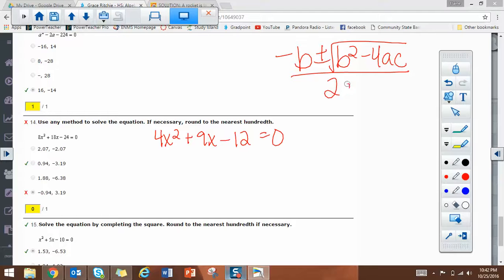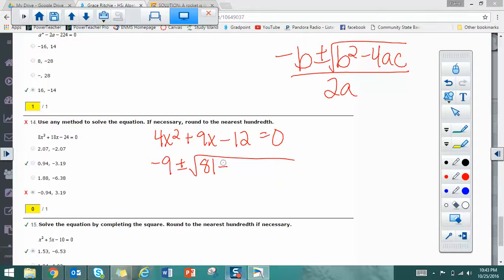And it's all over 2a. So, negative b, that's negative 9, plus or minus the square root. B squared, that's 81, minus 4 times a times c, that's 4 times negative 12, or 16 times negative 12.